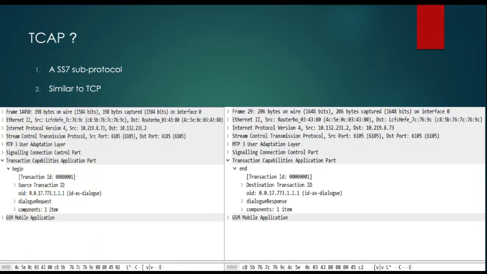TCAP provides the framework to retrieve information or even invoke remote operations. TCAP offers the means for end users in the SS7 network to query another end office and acts as the software interface between an SS7 office and database services in order to actually obtain data from the SS7 network.